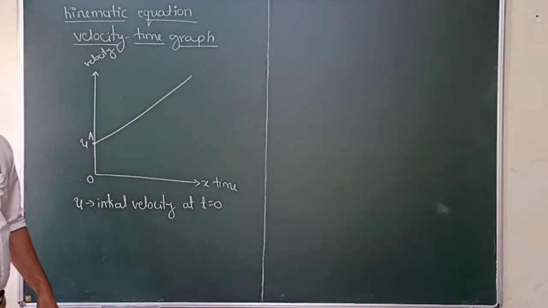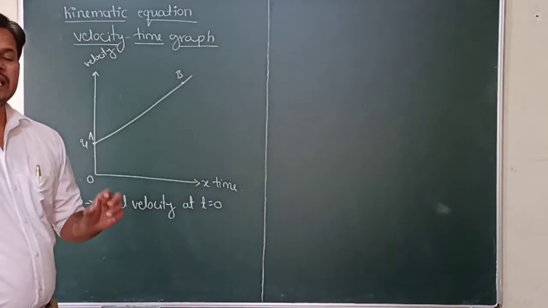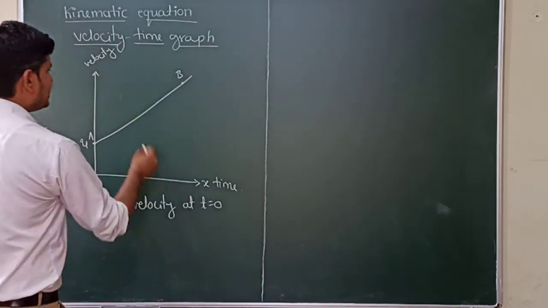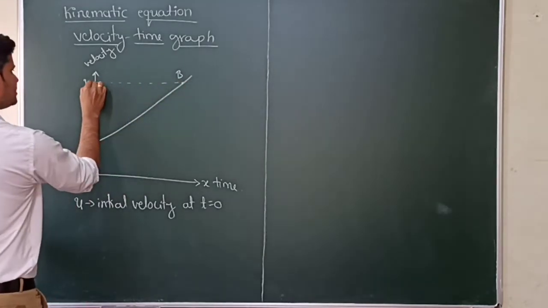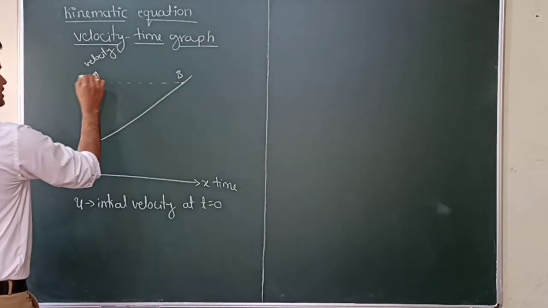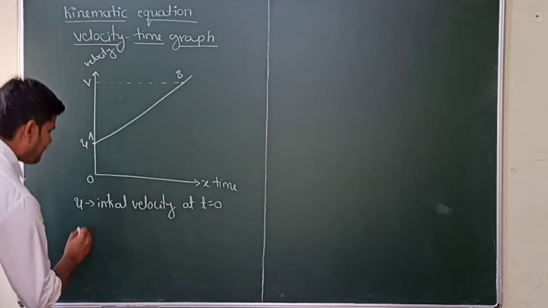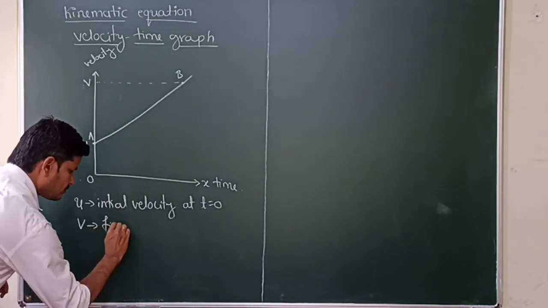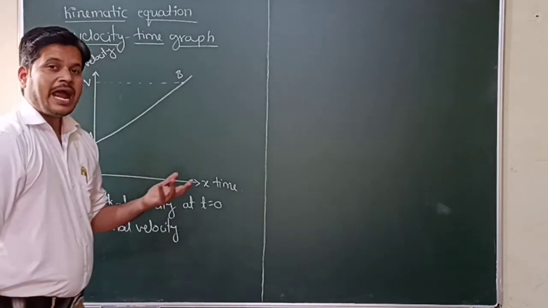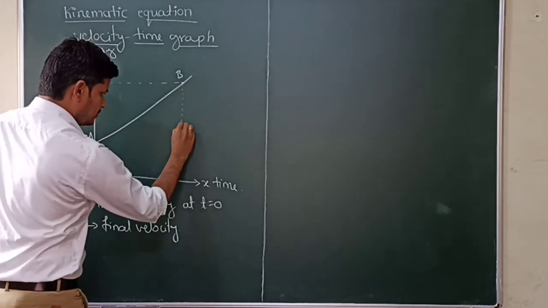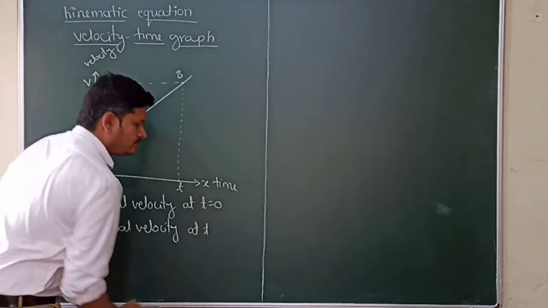And we consider a particular point B, whose velocity is the final velocity, and that is v. The final velocity at point B is v, the velocity at time t.